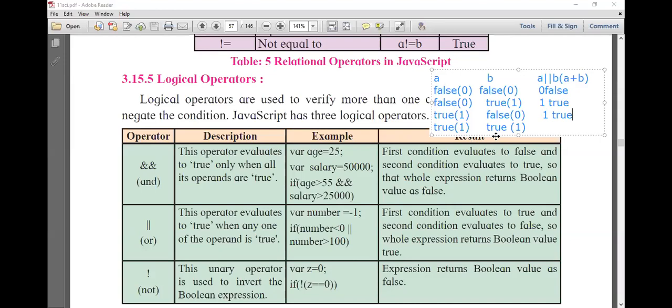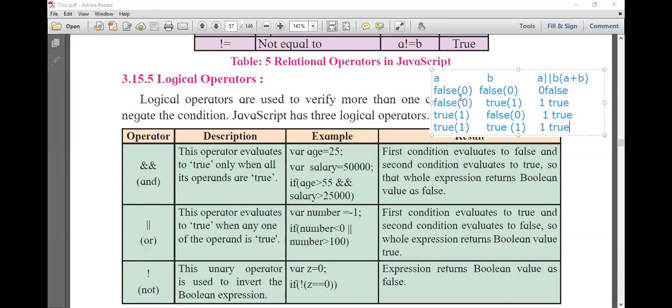Here true is 1 and true is 1, 1 plus 1 is 2. But in binary you can write 1 as the answer and 1 as a carry. You don't consider the carry, you just write 1 as the answer. So it is true.